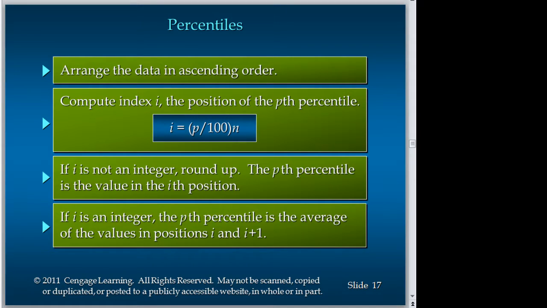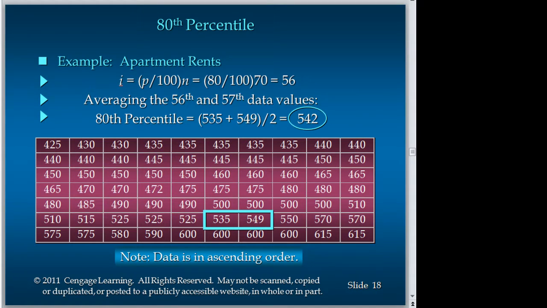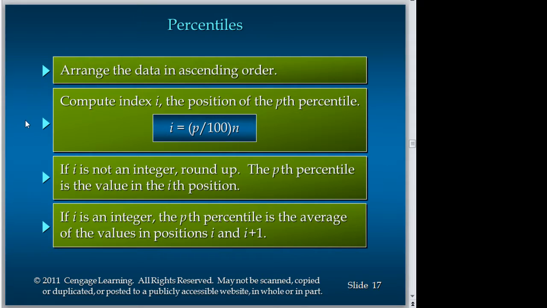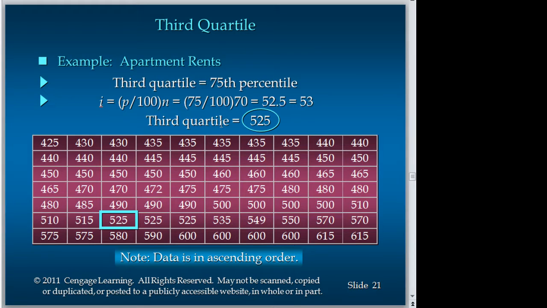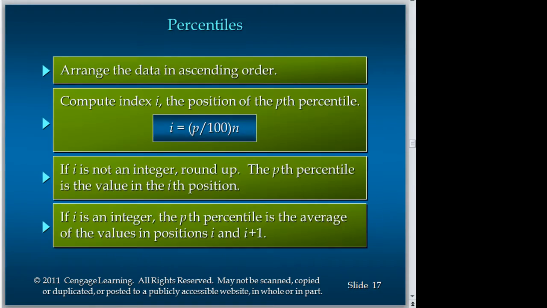Let me go back to the previous point. It says right here, if it's not an integer, then it is rounded up. The percentile is going to be the ith position, right? So if the result i is not an integer, we round it up, and that's going to be the position value.